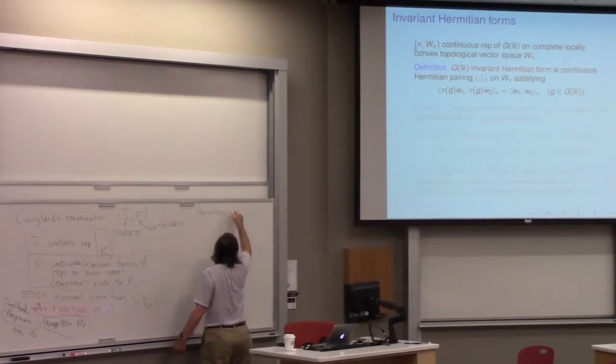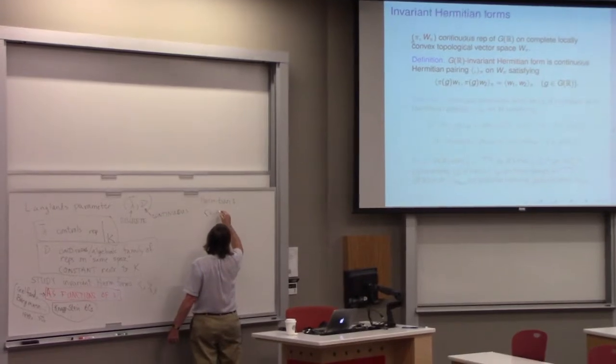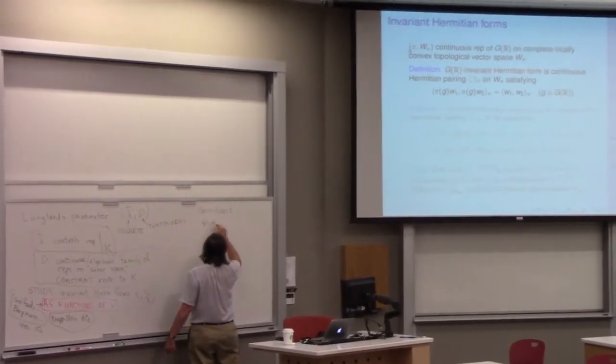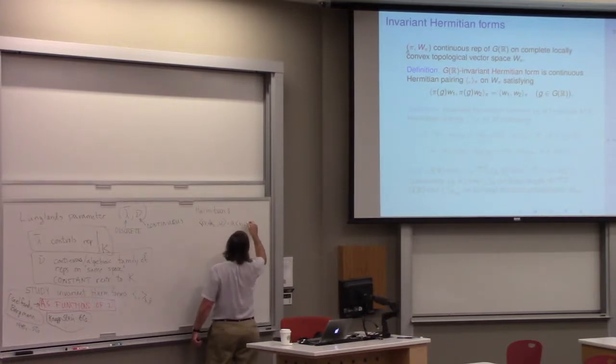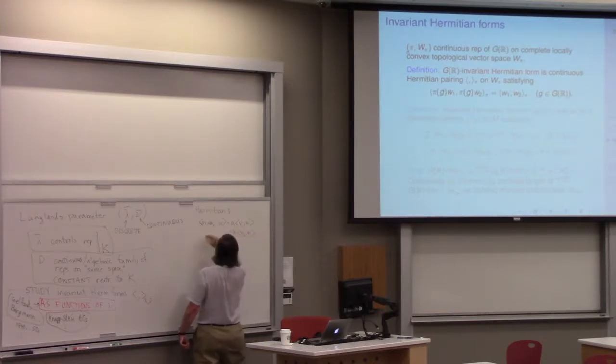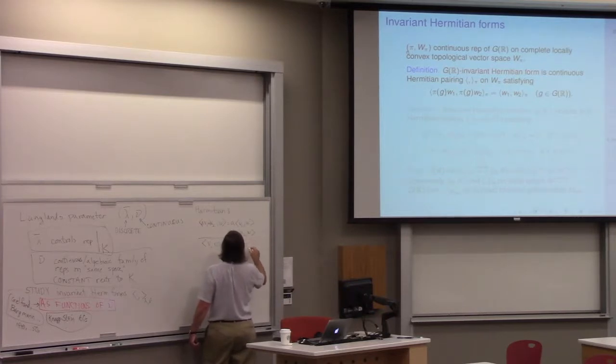It's, I don't know, (a v1 + b v2, w) is a (v1, w) + b (v2, w), and (v, c w1 + d w2) is c bar (v, w1) + d bar (v, w2).